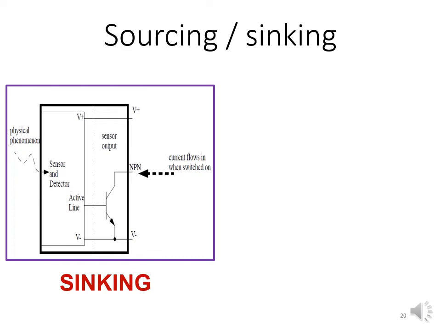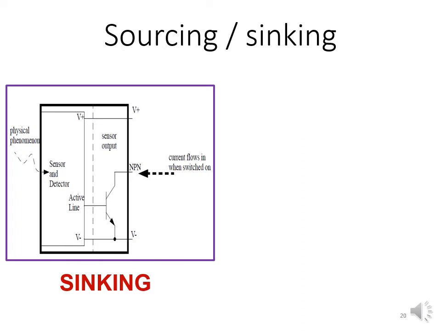The sensing part of the sensor detects the physical phenomena, and depending on its state, turns on or off a transistor output stage.